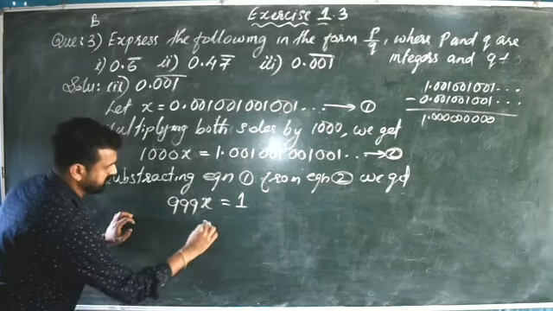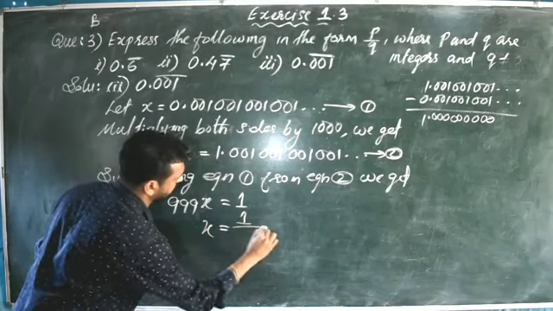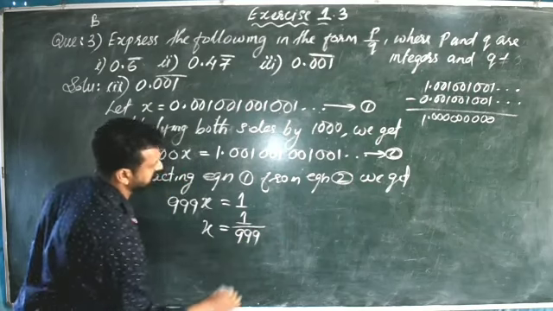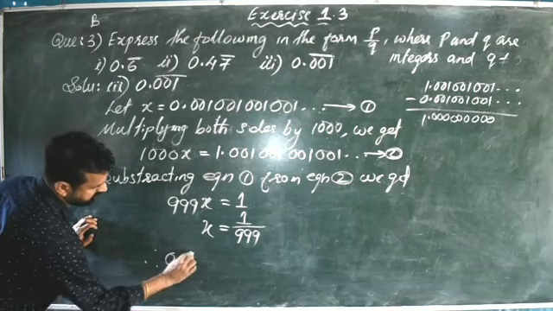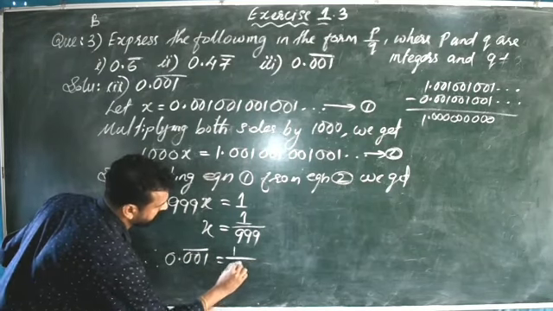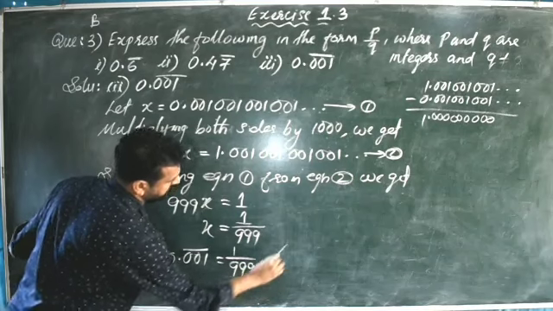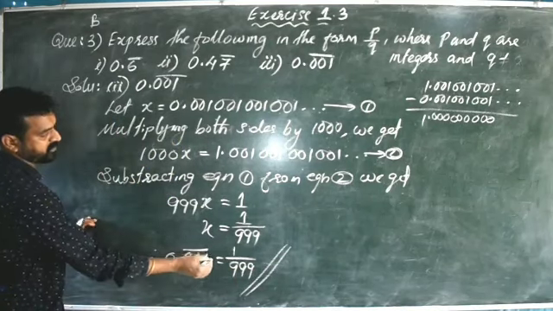Then x is equal to 999, transposing to the right side, we get the answer 1 divided by 999. Therefore, 0.001 bar is equal to 1 divided by 999. That is the P by Q form of 0.001 bar.